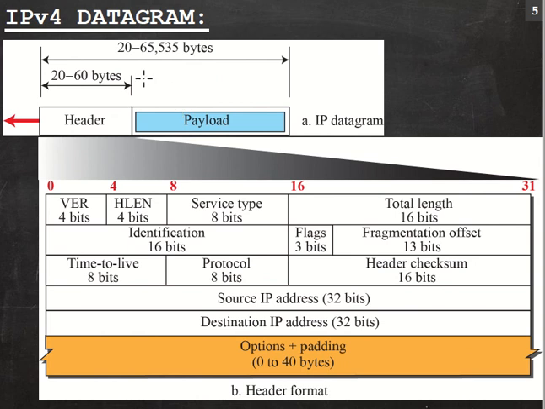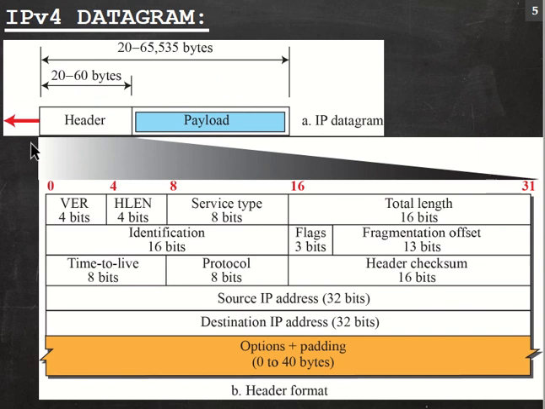As you can see here, the datagram is of variable length, from 20 to 65,535 bytes, and consists of two parts: one is the header and one is the payload.